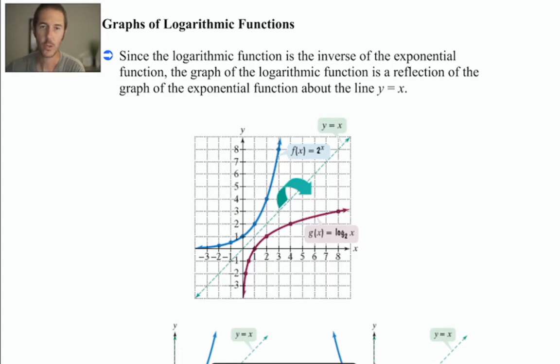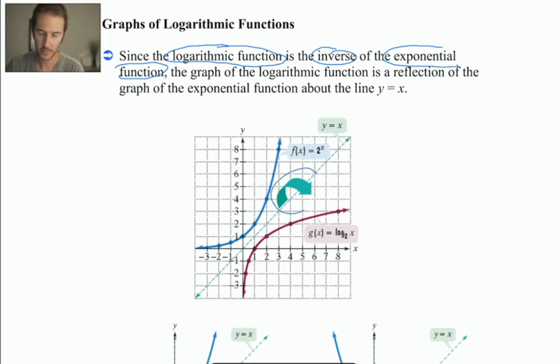Logarithmic functions are inverses of exponential functions, and therefore the graph of a logarithmic function and its corresponding exponential function, which is its inverse function, their graphs are reflections of each other about the line y equals x.